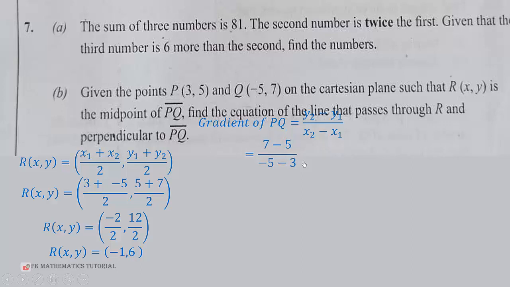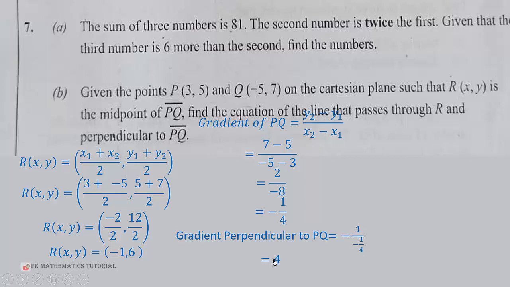When we simplify this, 7 minus 5 is 2, negative 5 minus 3 is negative 8. And this will give us negative 1 over 4. We need to find the gradient that is perpendicular to PQ. So the gradient perpendicular to PQ will be negative 1 over the gradient of PQ. And that will give us negative 1 over negative 1 over 4.